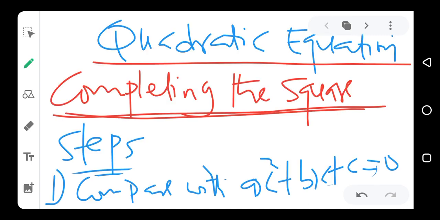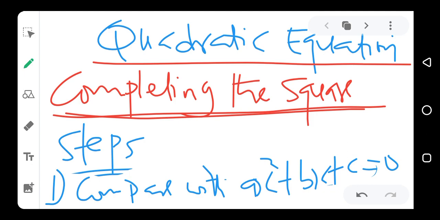if you are using this completing the square method, is to make sure that the value of a is 1. That is, make sure that the coefficient of x squared is 1. The coefficient of x squared in this equation is a. So in step 2, make sure that a is 1.